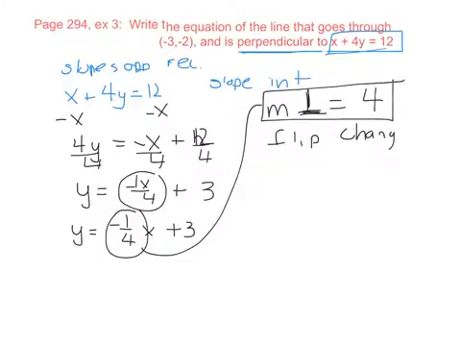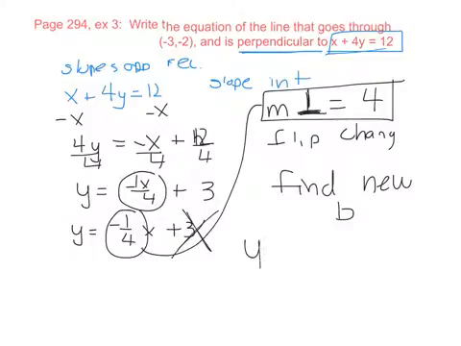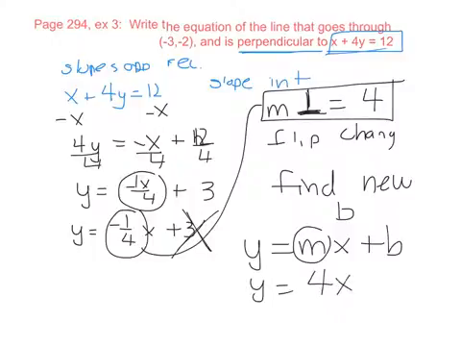This will be my slope for the rest of my equation, finding my new line, and I'm going to have to find a new b, which is what's going to happen in all of your problems. We need a new line that has a new y-intercept. So I'm going back to my y equals mx plus b. I now know what my slope is, y equals 4x, and now I'm going to find b.